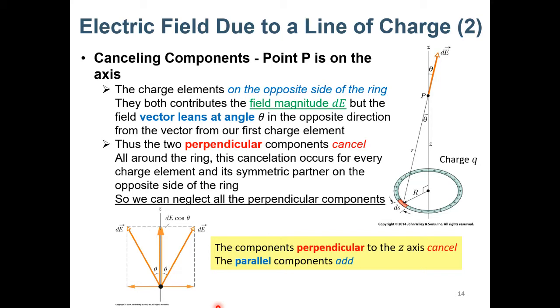We have dE like this, and then you can imagine on the circle you will have a symmetric part, which is here. Maybe I use a red color. Okay, here. So we have maybe ds prime, which is symmetric to the ds.